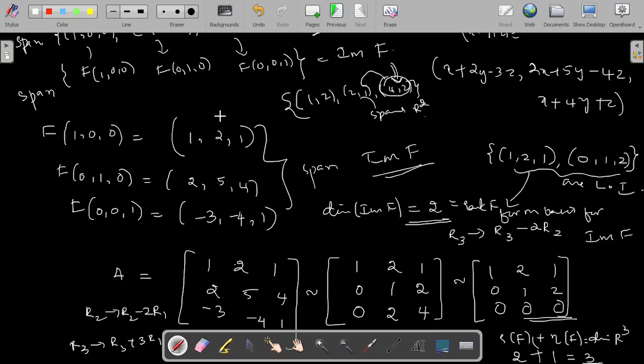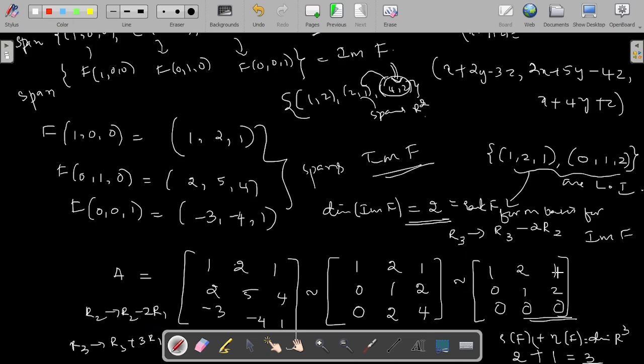Now these vectors span the whole space, the image of F, but you have to check, are they linearly independent or not? For that you have to write a matrix A with these vectors as its rows, then convert it into the row echelon form.